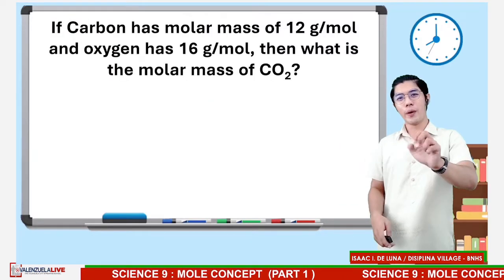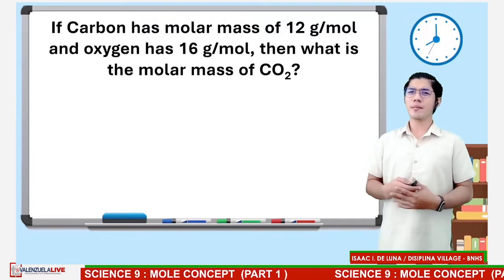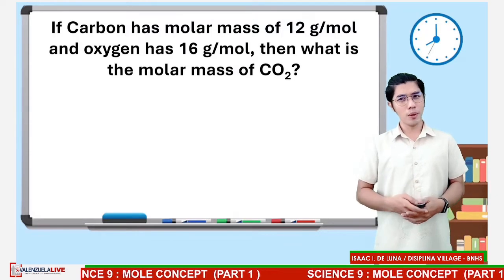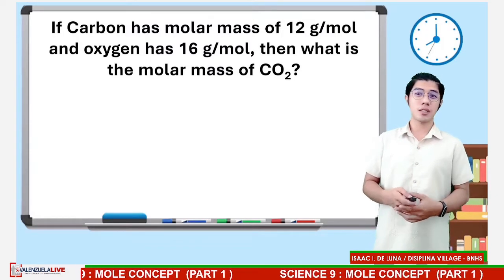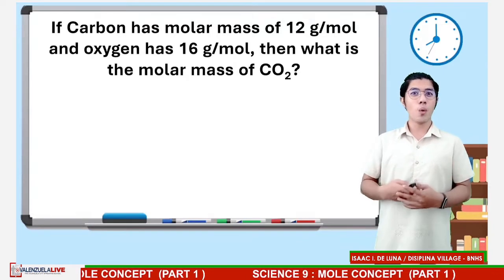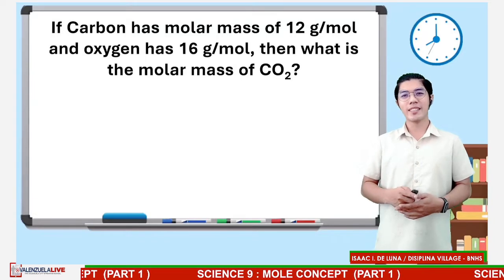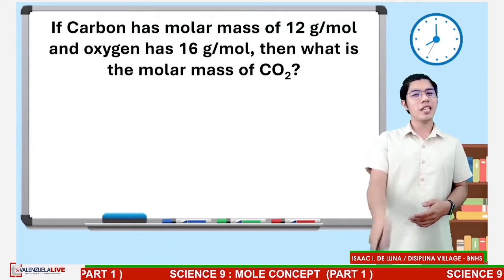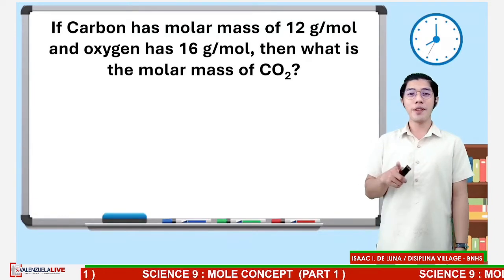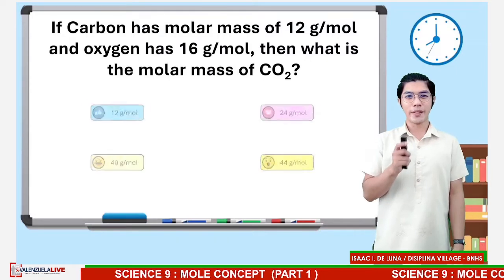Question number 4. If carbon has a molar mass of 12 grams per mole and oxygen has 16 grams per mole, then what is the molar mass of carbon dioxide? You have 10 seconds to key in your answer. Timer starts now.